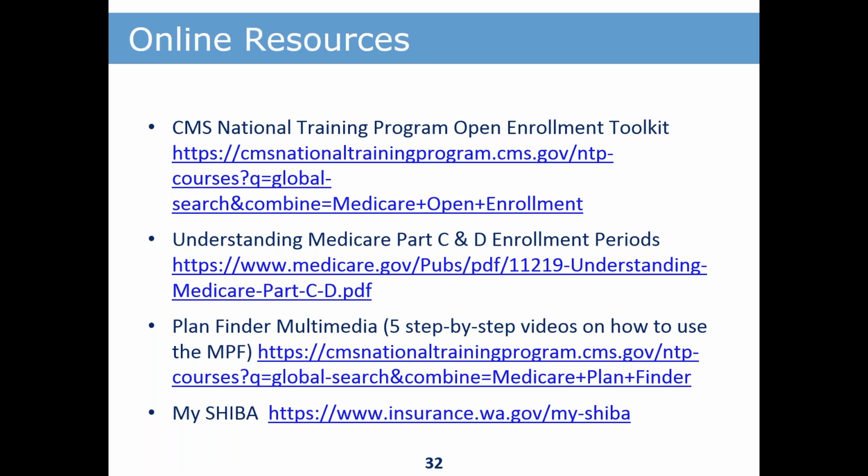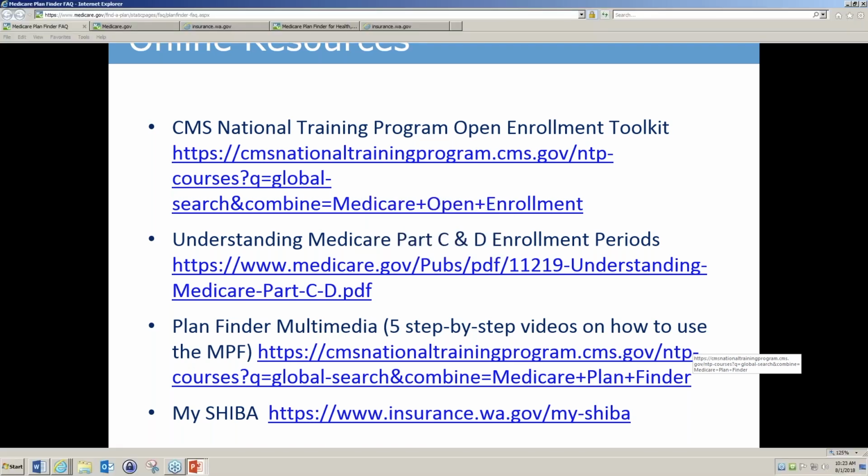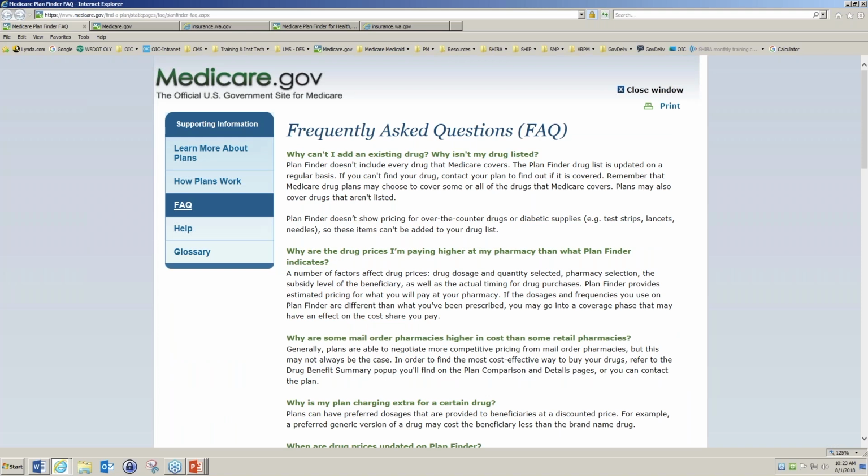There's a few other things I want to show you. Let's see if I can remember how to move around in this. Okay. Remember I told you there's the frequently asked questions from the help page. It really covers a lot of the information that comes up when people are using the Plan Finder.